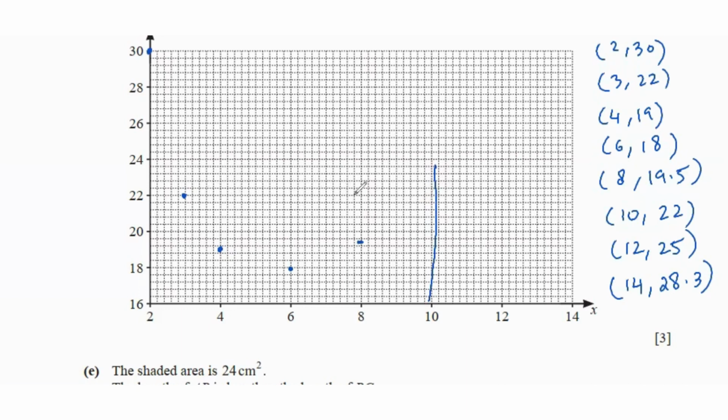Then 10, 22. That is 10, 22. Then 12, 25. So I'll just bring this line over here. That is your point. And 14, 28.3.